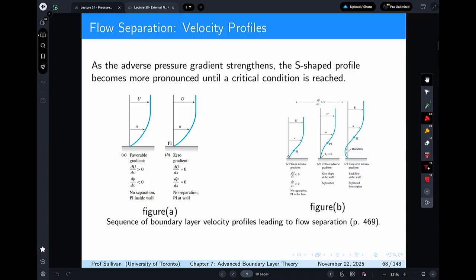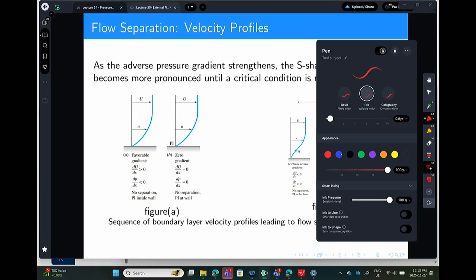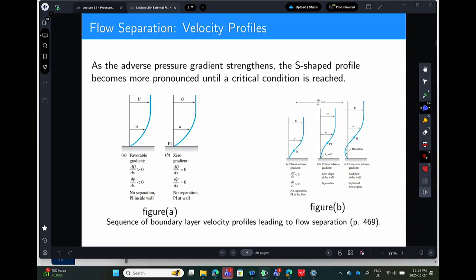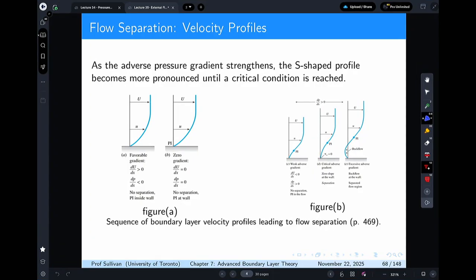And you'll notice at that point, in the weak case, you still have a point that is attached to the wall. There is no reversing flow in that case, but it's not quite at the edge.